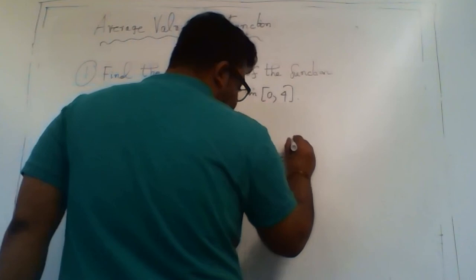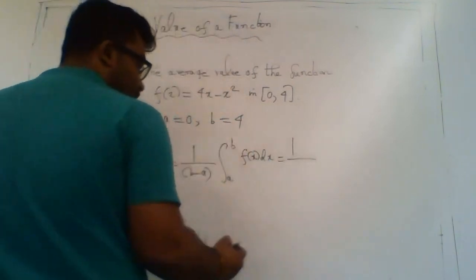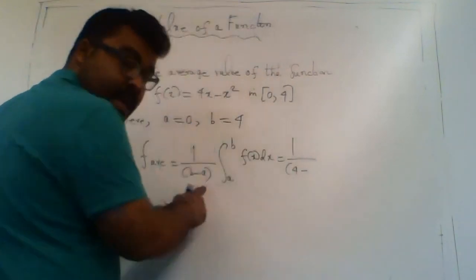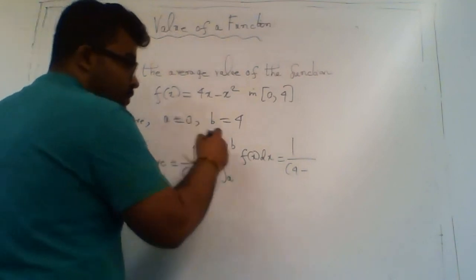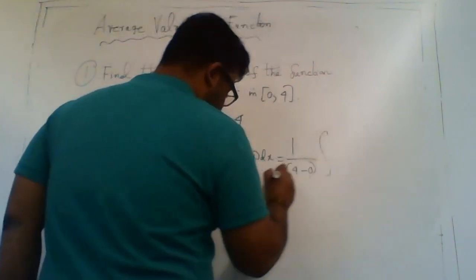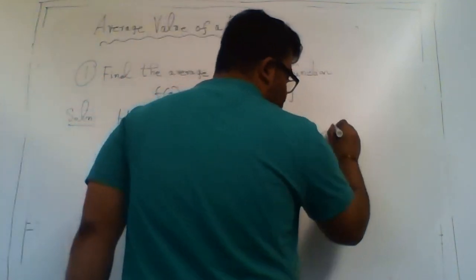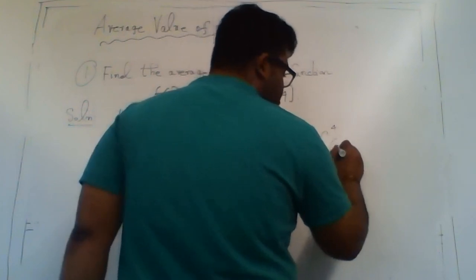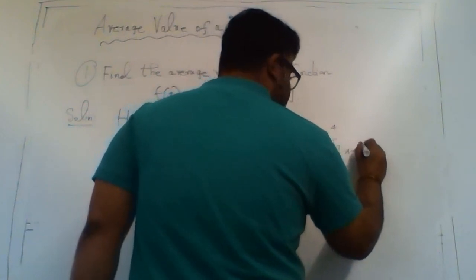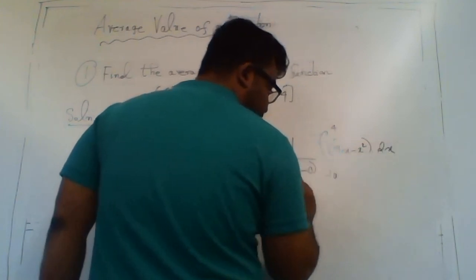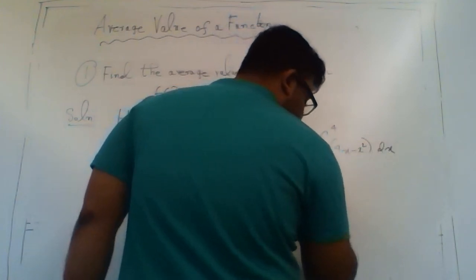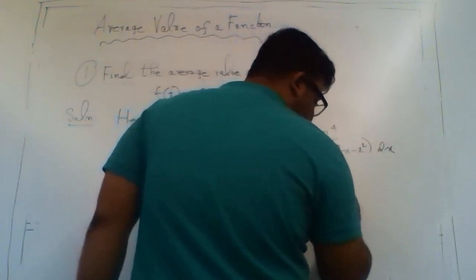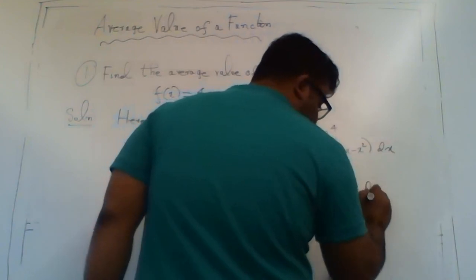Here b is 4, a is 0, and f(x) is 4x minus x squared dx. So let's simplify this: 1 by 4 times the integral from 0 to 4 of (4x minus x squared) dx.